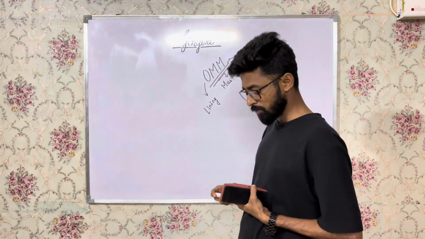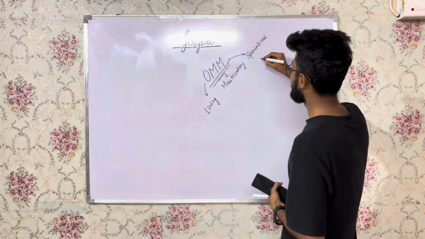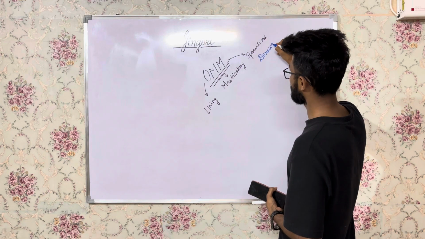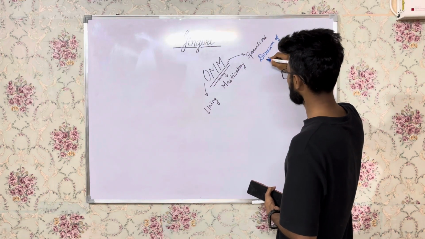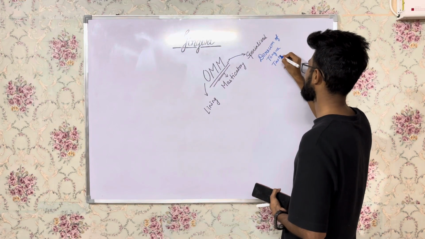What is the location of the specialized mucosa? It is the dorsum of the tongue, the upper surface of the tongue, and the taste buds, right?